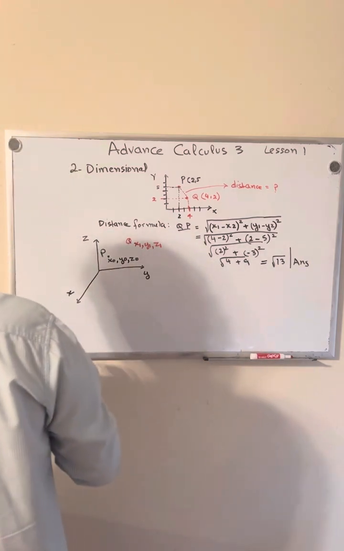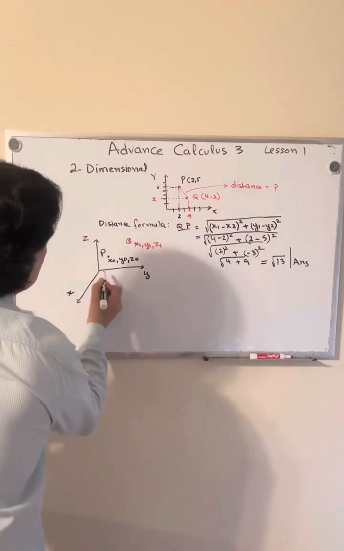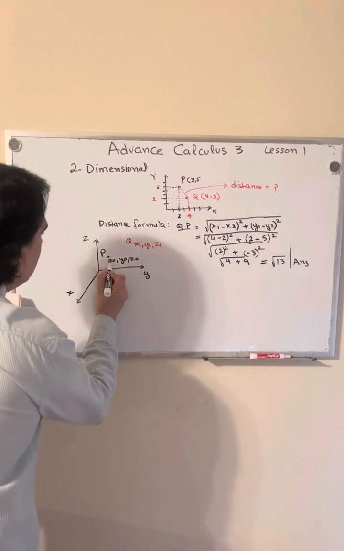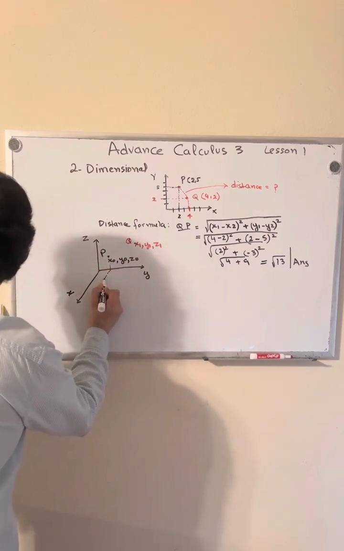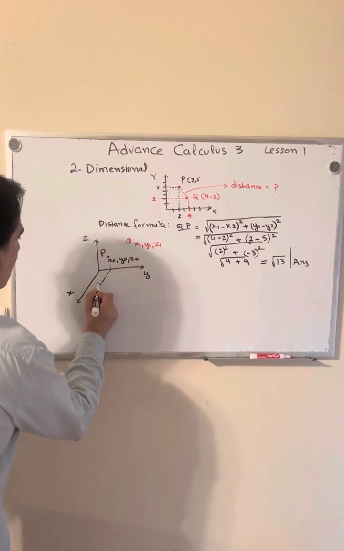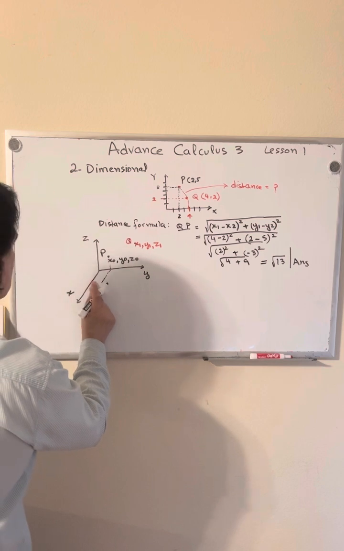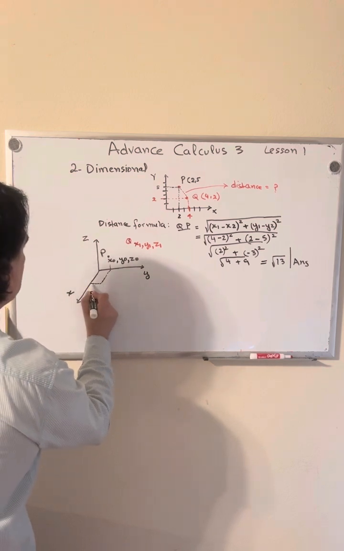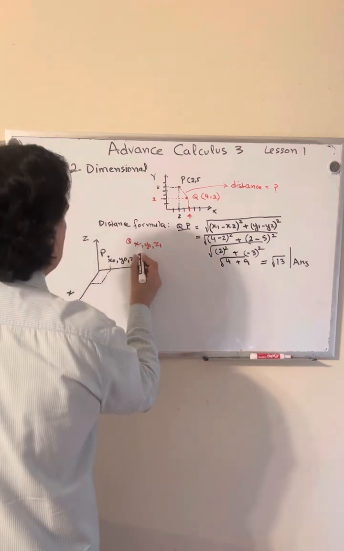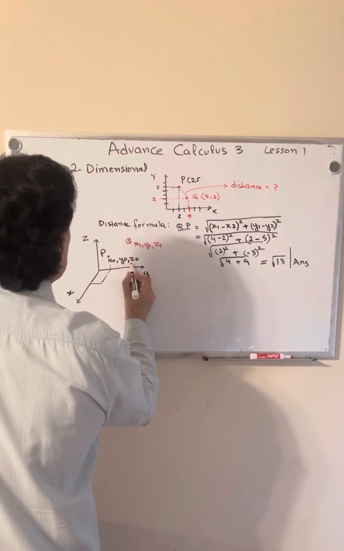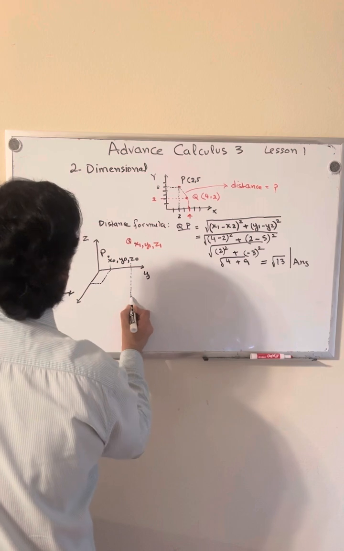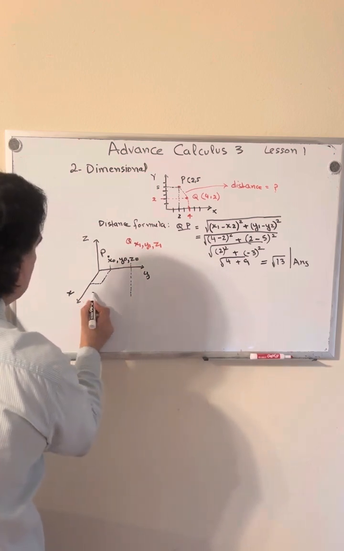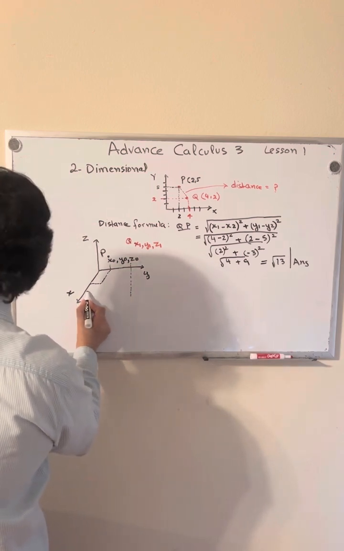So basically what I'm trying to say is that, let's say this point right here is X, so we're looking at, let's see if I can fix this, and then you have the Q point, which is kind of like this.